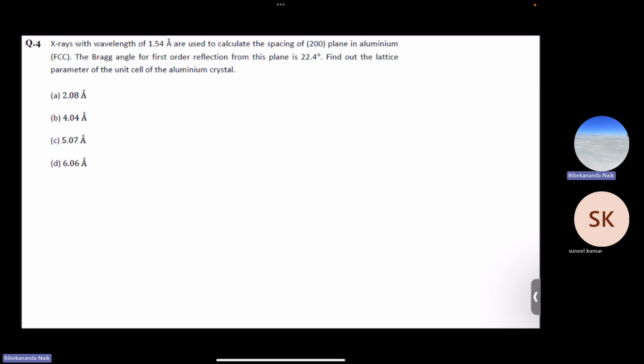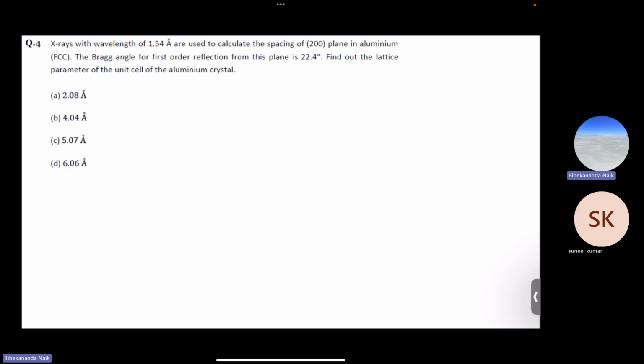This question is pretty much similar to the previous question, but here the lattice parameter is not known to us, so we will be calculating the lattice parameter. But what is given to us? The wavelength of X-ray used is given, which is exactly the answer we got in the previous one, 1.54 angstrom.